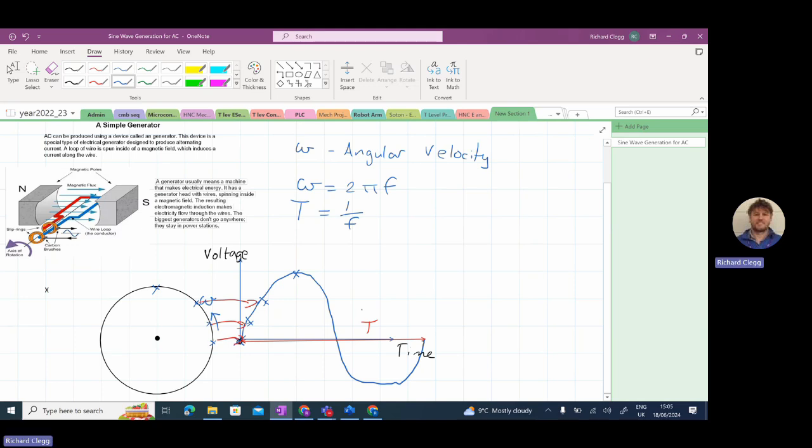And what are the units of angular velocity? Well, omega, so the units are radians per second. The radian per second can be written as radian per second.